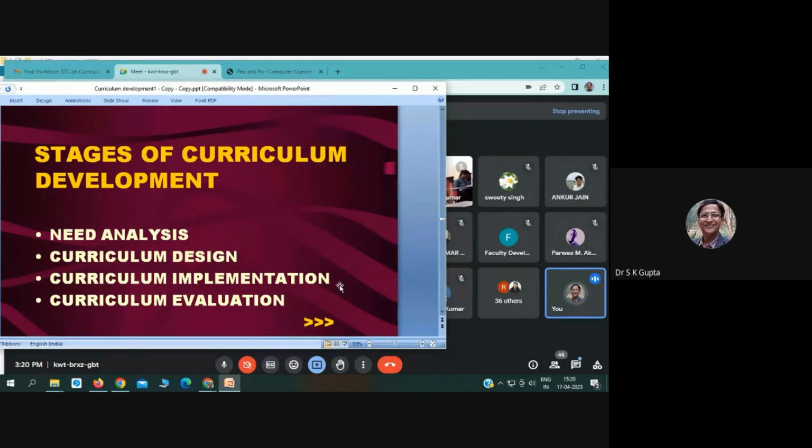Third is your curriculum implementation stage. And fourth is curriculum evaluation stage. So when we build any curriculum, we go through all these 4 stages. So can anybody share with me what this need analysis stage is?